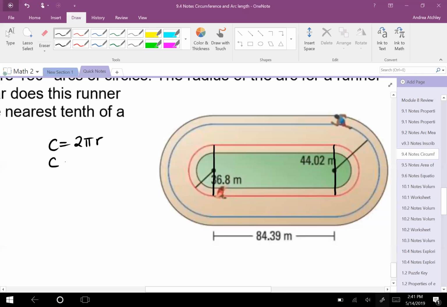So your circumference is going to be 2 pi. They gave you that radius of 36.8. So I'm going to multiply that all together.